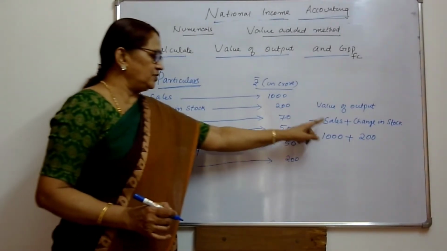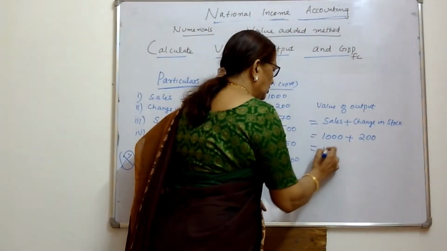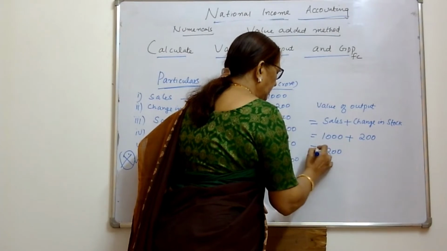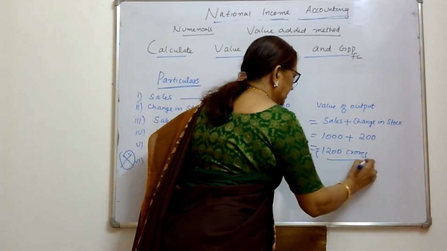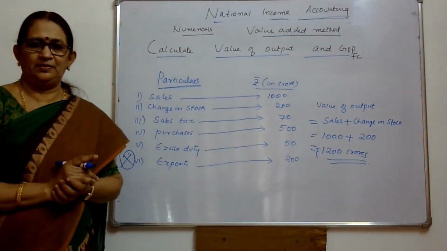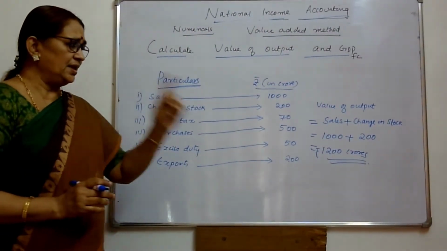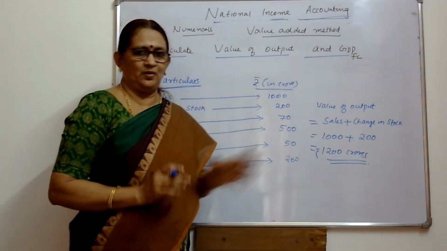So sales plus change in stock, that is 1200 crores is the value of output. That is over, simple. Always write in the units, rupees 1000 crore.